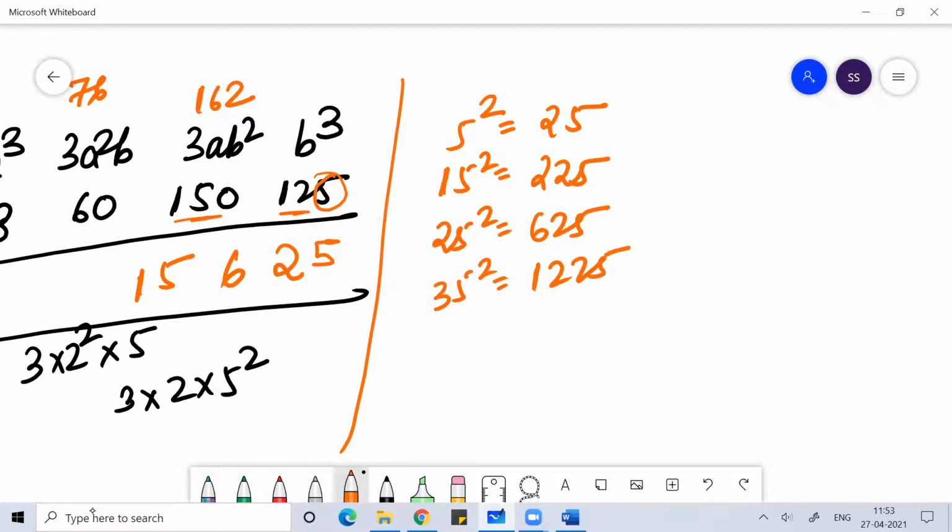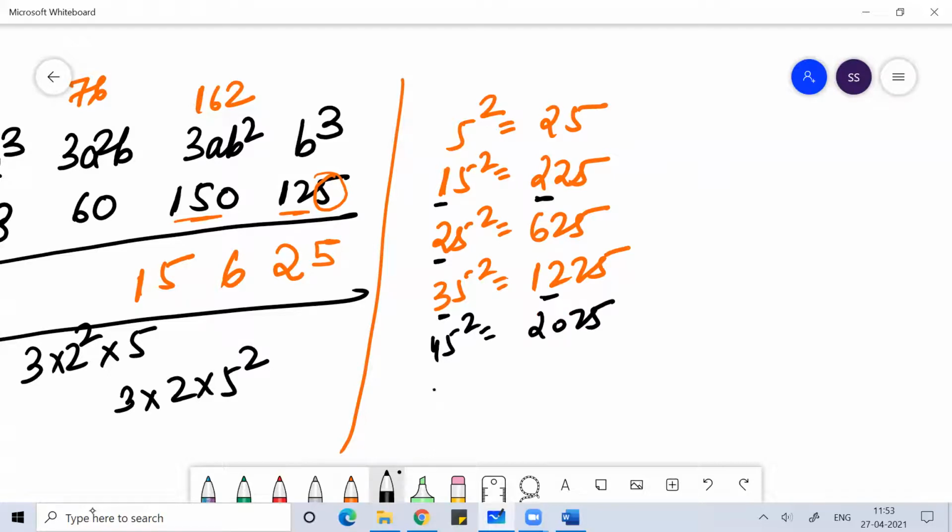We did all this. Any number which ends with 5, if you are squaring it, the square will always end with 25. Just see the tens place digit here. Tens place digit is 1. What is the next digit to 1? 2. What is 2 ones are? 2. 225. What is the next digit to 2? 3. What is 3 twos are? You'll get 625. What is the next digit to 3? 4. What is 4 threes are? 12. You'll get 1225.